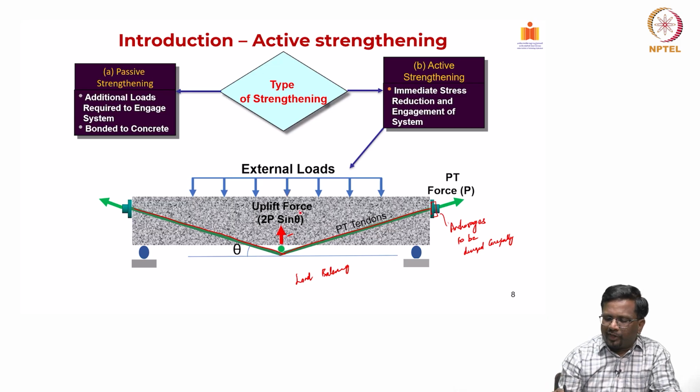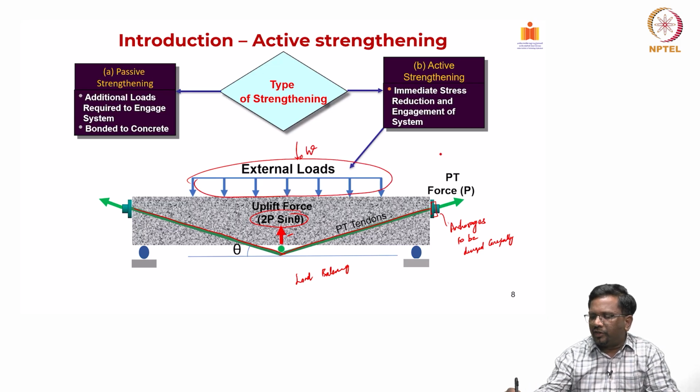So, let us say this entire thing, if I sum it as w, then I can design 2P sin theta to be equal to w, and by appropriately choosing the amount of pre-stressing and the cable profile, I can completely nullify the total external load also.